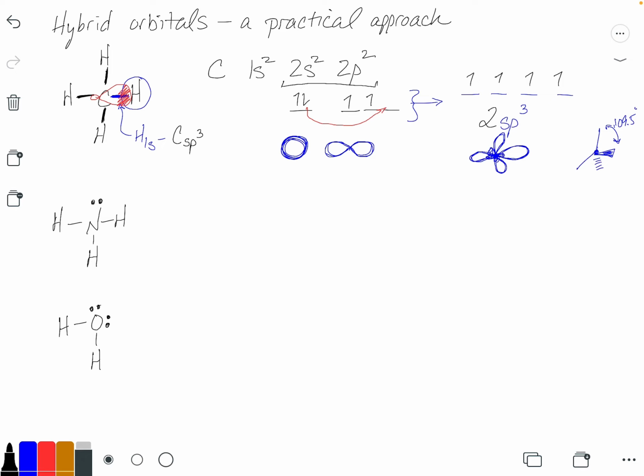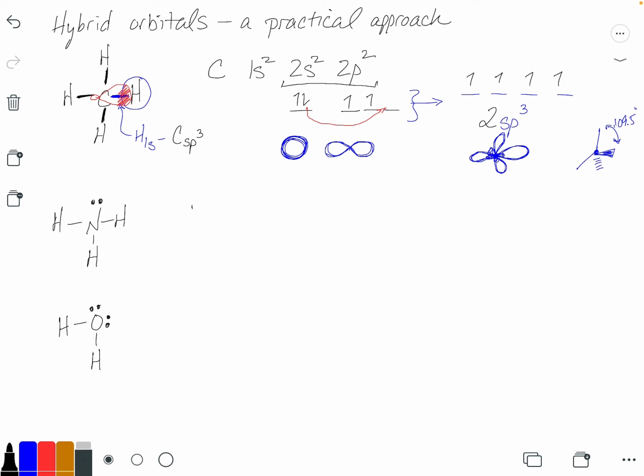Now, in terms of hybridization, what's the hybridization of the nitrogen in an ammonia molecule? Well, if I think about what this looked like, I still have 4 electron groups around that central nitrogen.